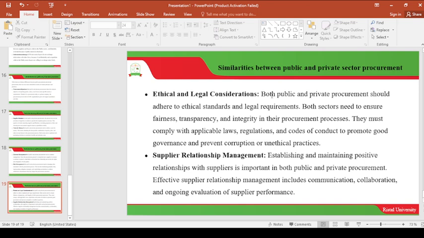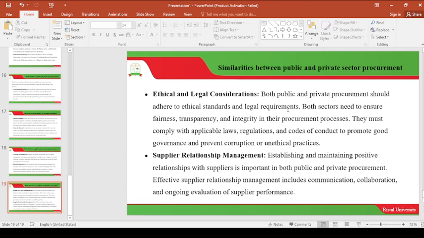They must comply with applicable laws, regulations, and codes of conduct to promote good governance and prevent corruption or unethical practices. So corruption is in both sectors, the public and the private sector. So there should be ethical and legal considerations in both sectors.